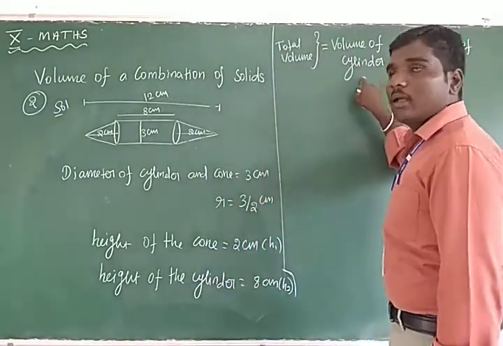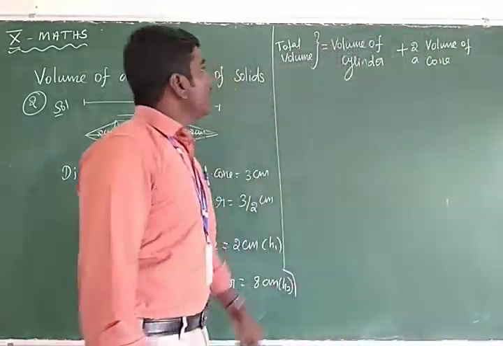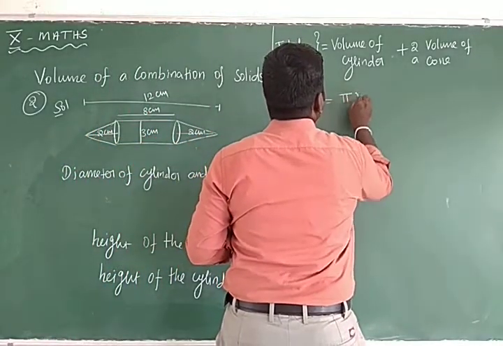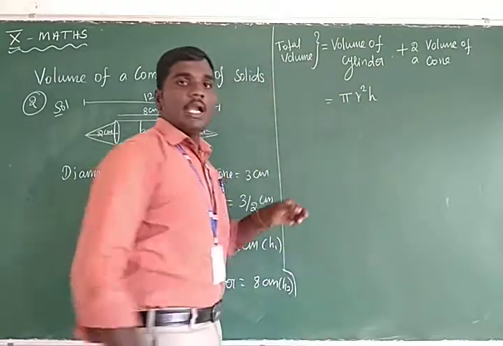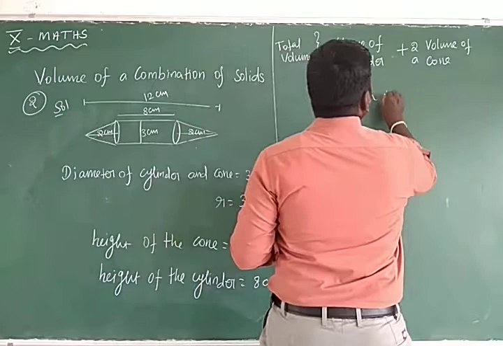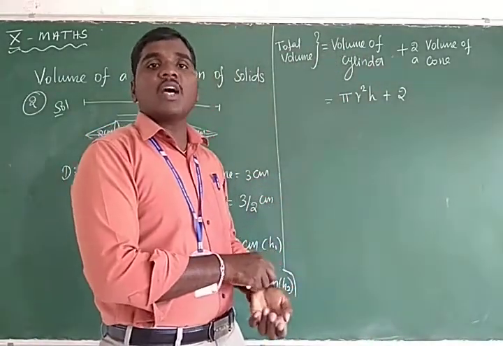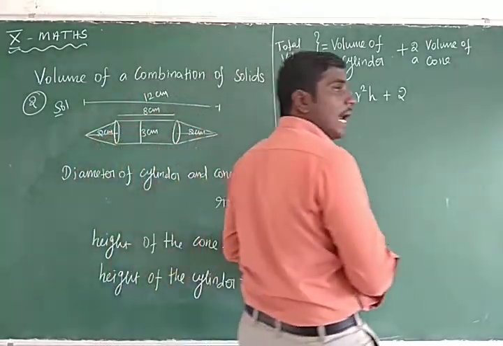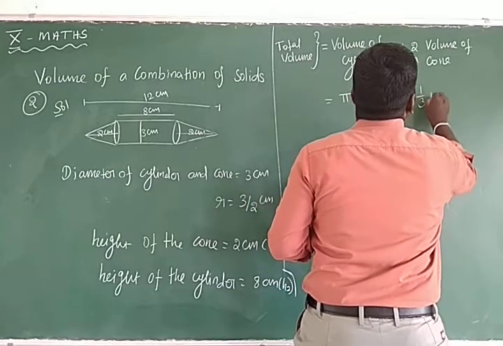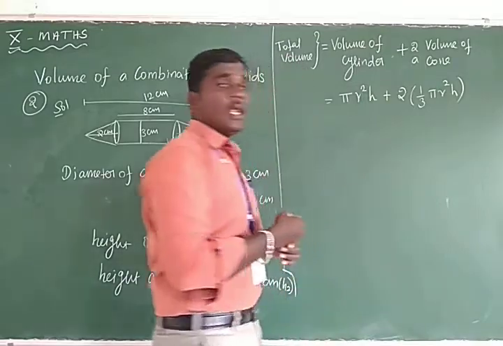Next, write the formula. Volume of cylinder formula is pi r square h, plus 2 into, because 2 times the volume of a cone, 2 into volume of cone formula, 1 by 3 pi r square h.